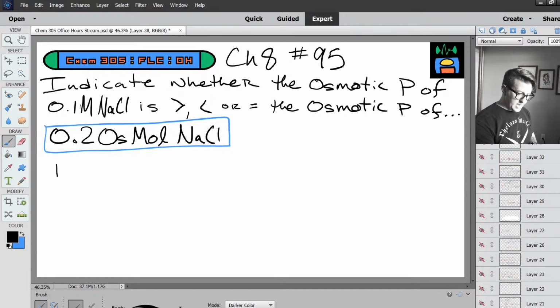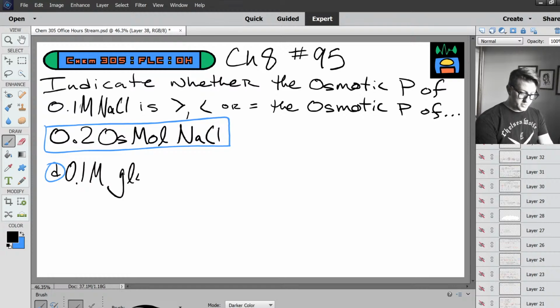And part D: 0.1 molar glucose. The thing about glucose is it is non-ionic, so it doesn't break up into any particles.